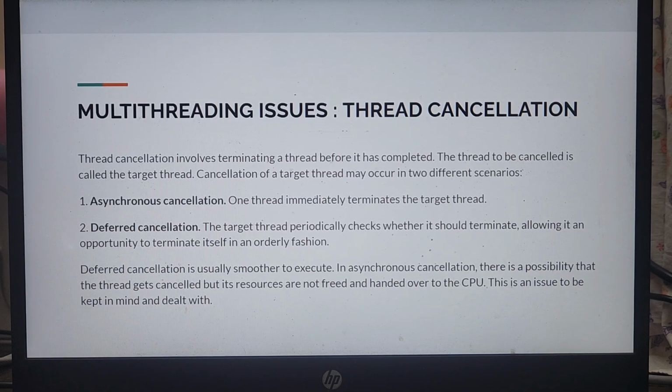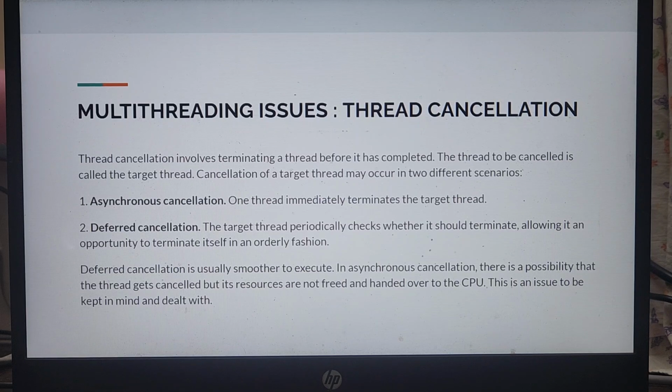With asynchronous cancellation, the problem is when you give the command to cancel the thread, that very instant the thread needs to be cancelled. So there is a possibility that sometimes the thread gets cancelled, that is the execution stops, but the freeing up of resources, handing them over to the CPU, that does not happen smoothly because it is a very instantaneous thing.